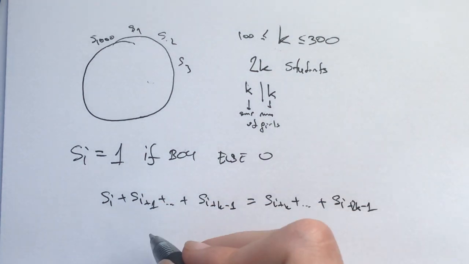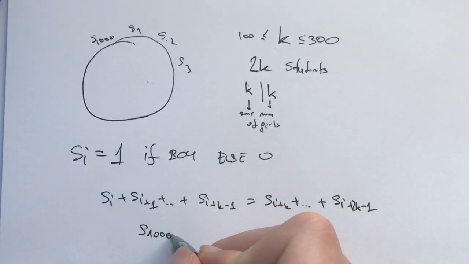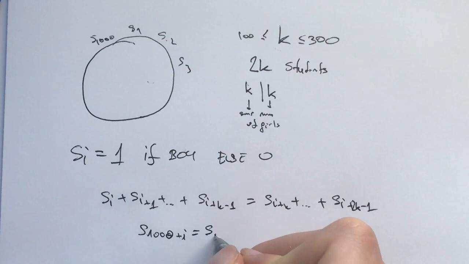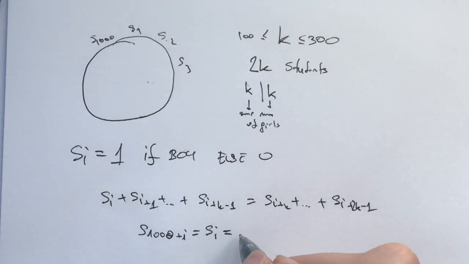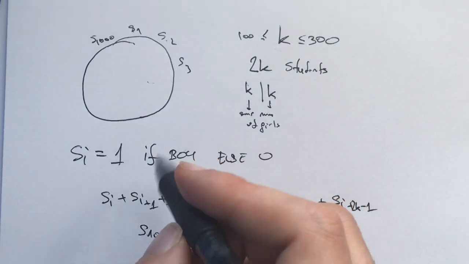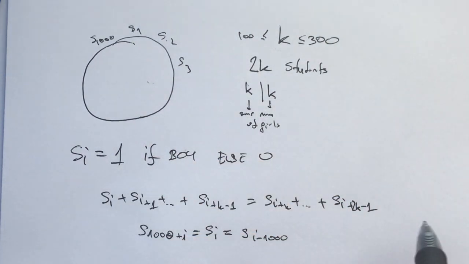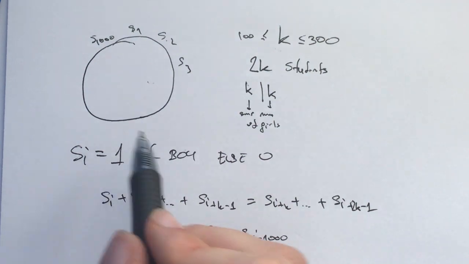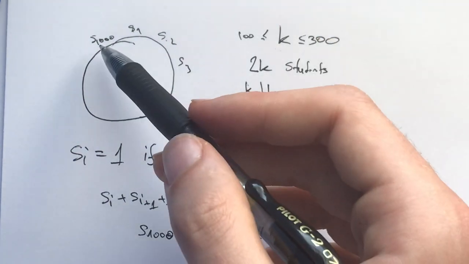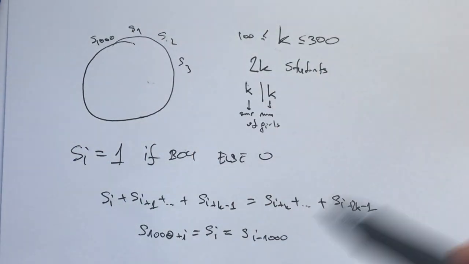This is the condition, with S(1000+i) equal to Si, and this is also equal to S(i-1000). So now the problem statement is really to show there's a case such that this is true no matter whether Si is 1 or 0, whatever the ordering of girls and boys on this circle.